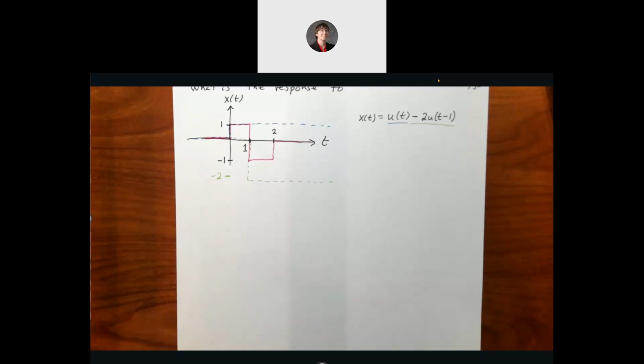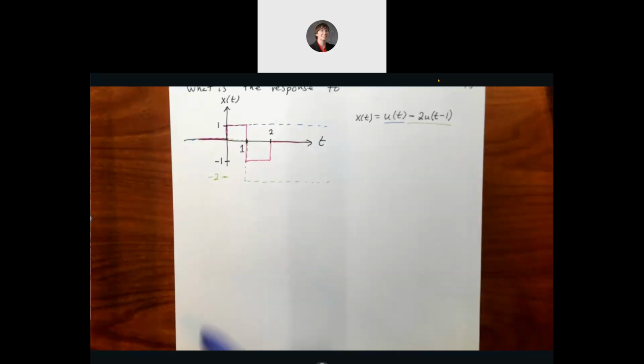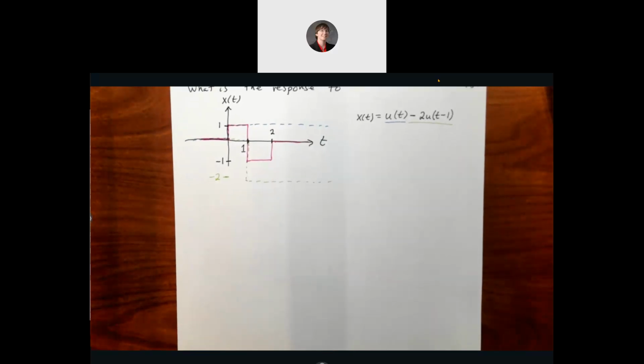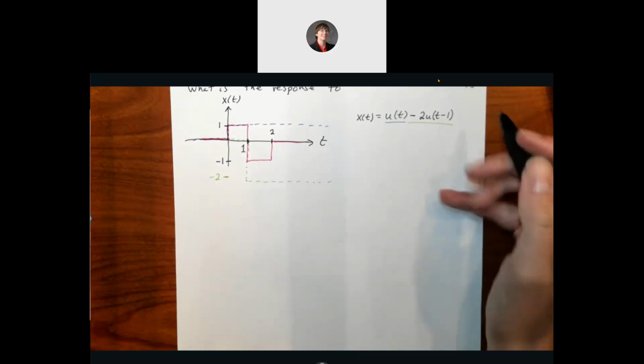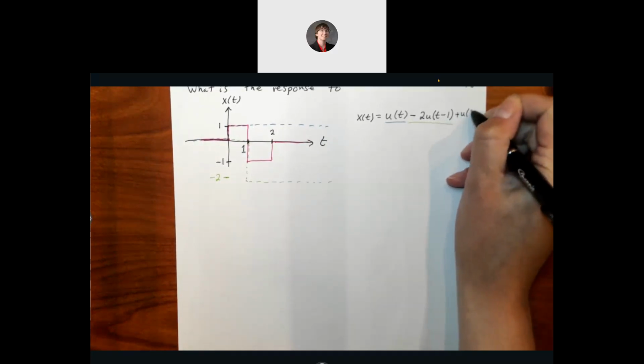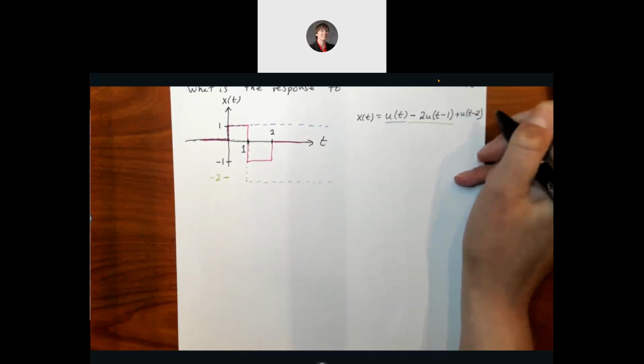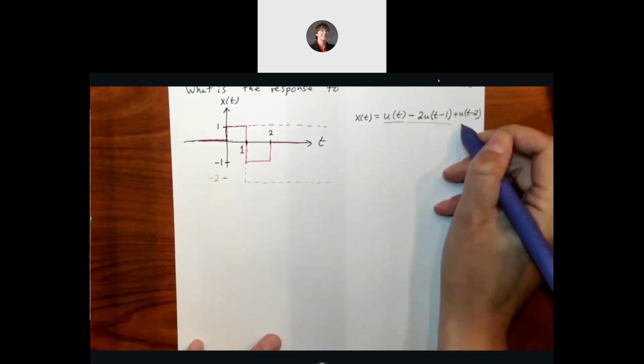And then it's going to be plus an additional signal, which is going to cancel out that -1 remainder that we have. So we're going to add to this another u of t.